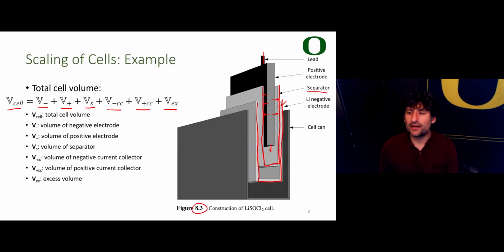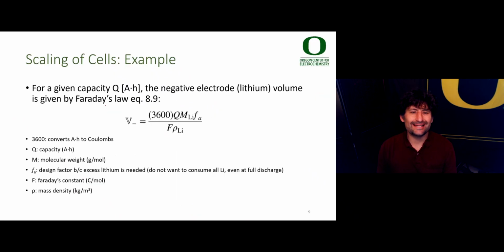And so the question is, how do you design a cell like this that effectively optimizes all these individual volumes for optimal performance?